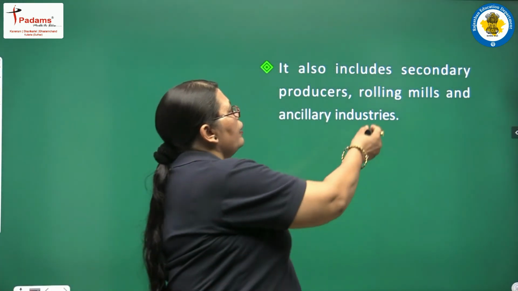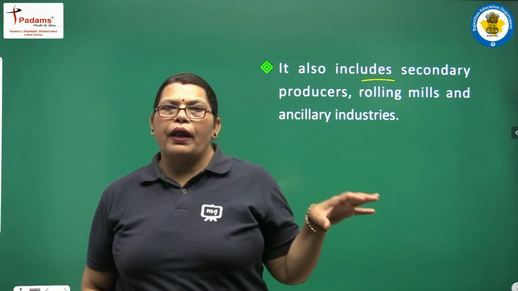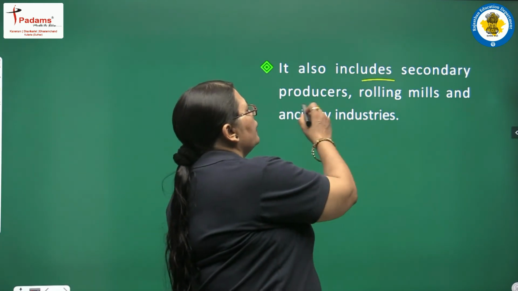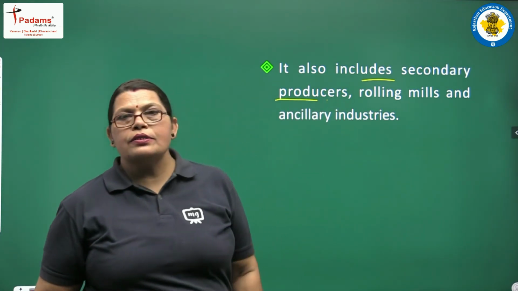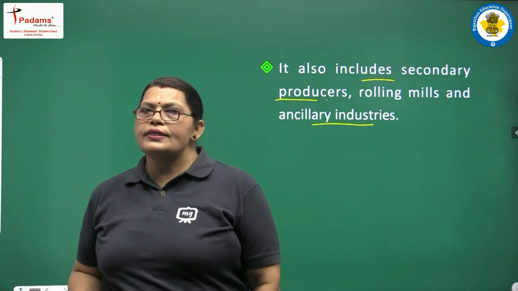It also includes secondary producers. We discussed primary producers, secondary producers and the tertiary. So it includes secondary producers, meaning rolling mills and ancillary industries also.